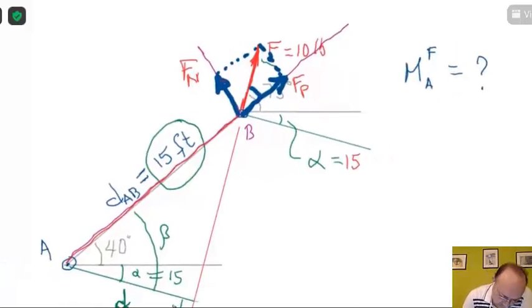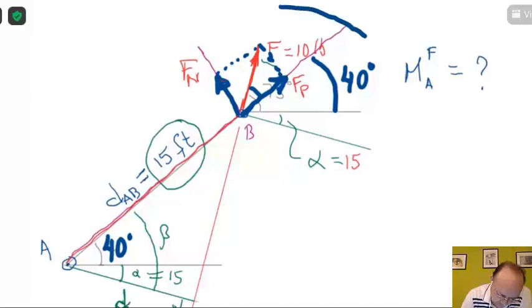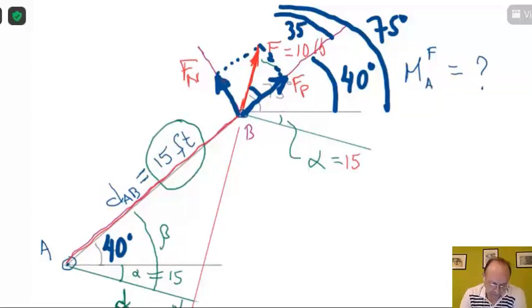This angle is 40 degrees. We got it from here, 40 degrees, right? So, if the total angle from the force to the horizontal is 75 degrees, then the angle that we need here is 35 degrees, right?